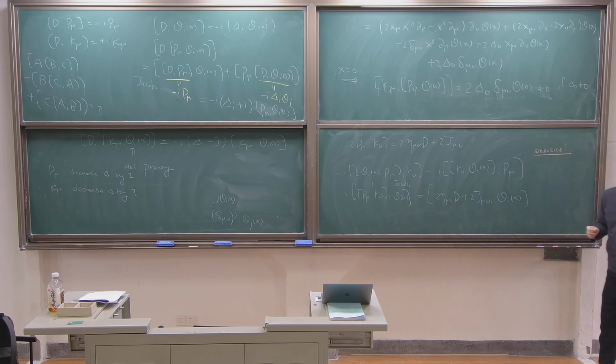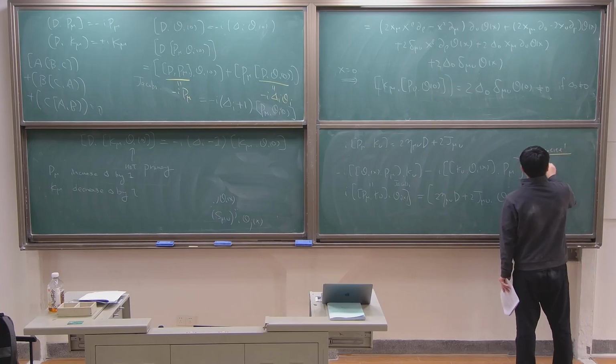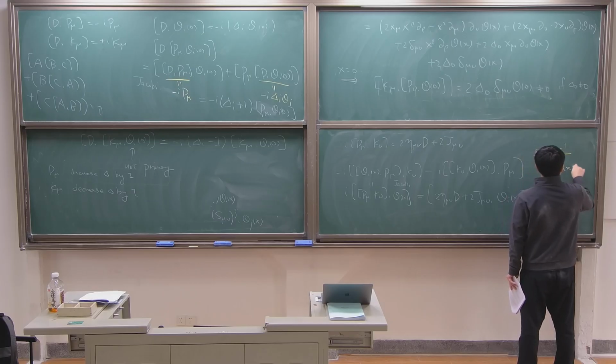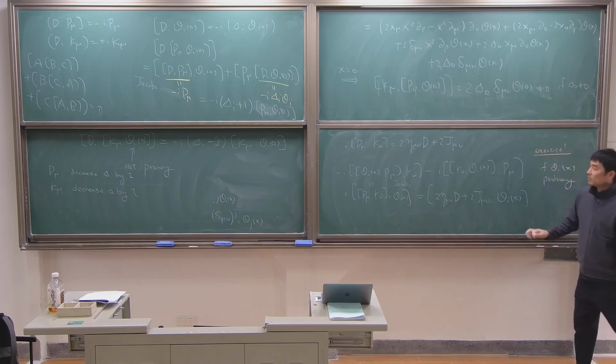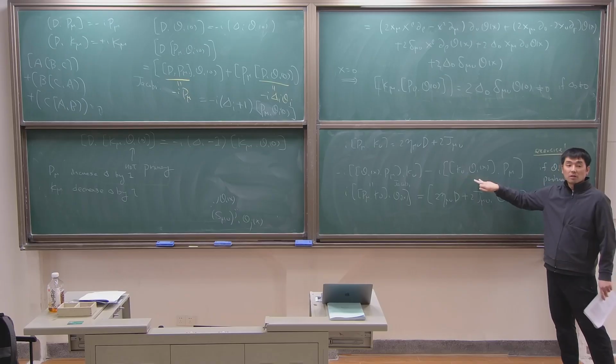This is actually the first homework: if O I of x is a primary operator, which you know how K acts on, I already gave the definition of how K acts on a primary operator.